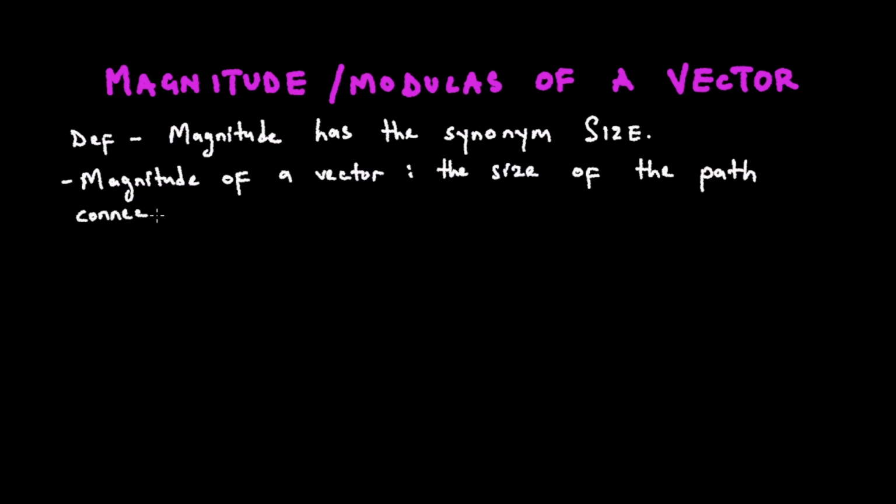So this path is connecting 2 points. To illustrate this, let us say we have a line which is representing the vector AB. Saka this is our line.